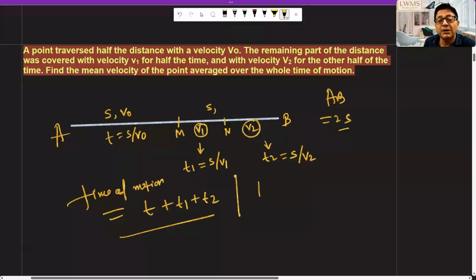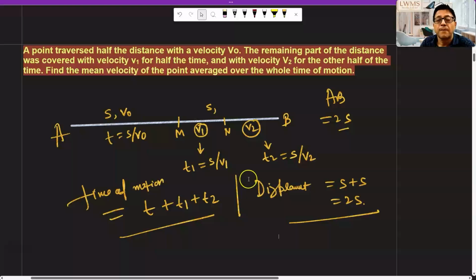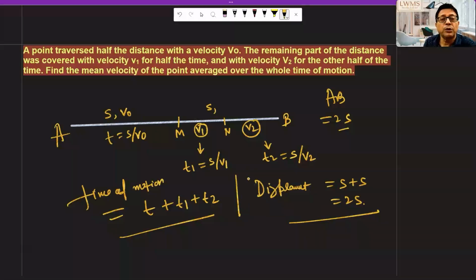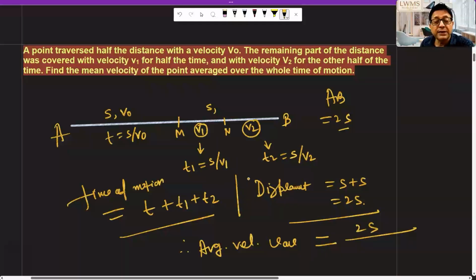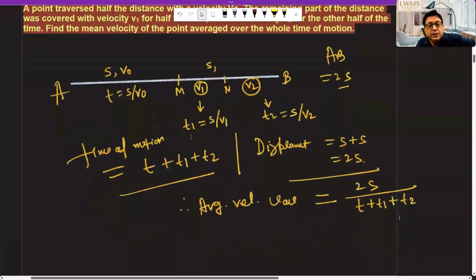And the displacement is what? s plus s, that is 2s. So the average velocity V average equals net displacement by net time. Clear? Just substitute those values, then you'll get it.